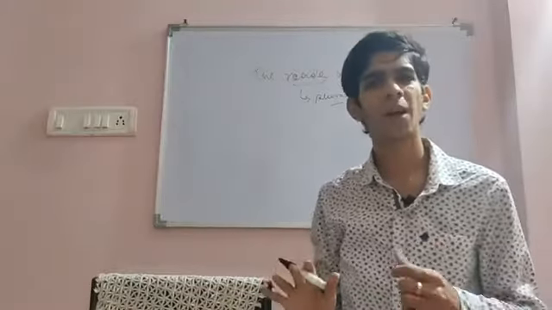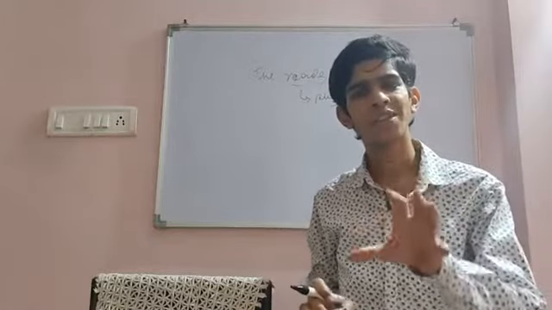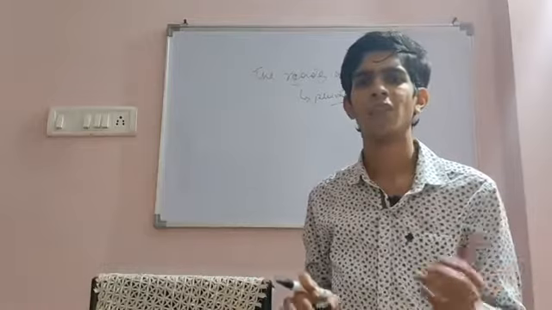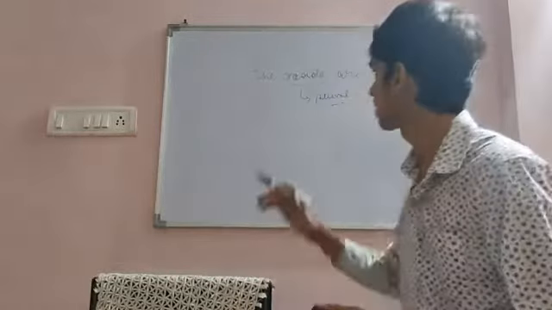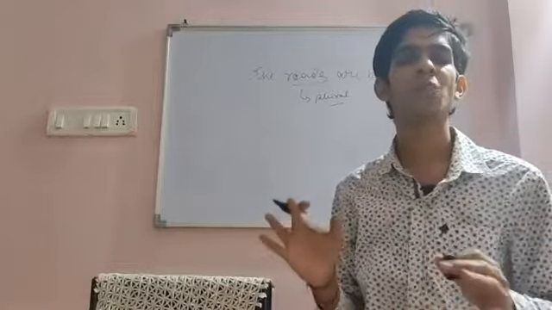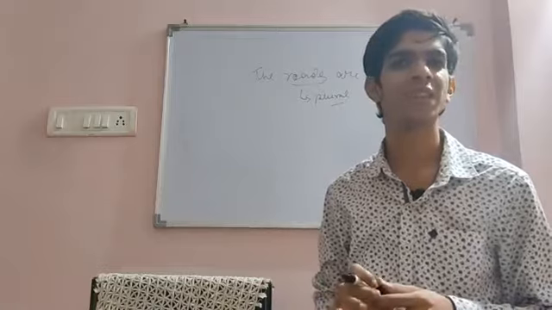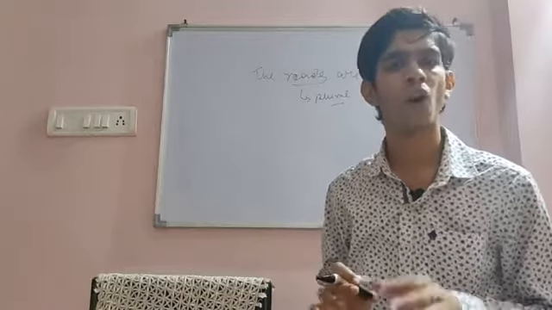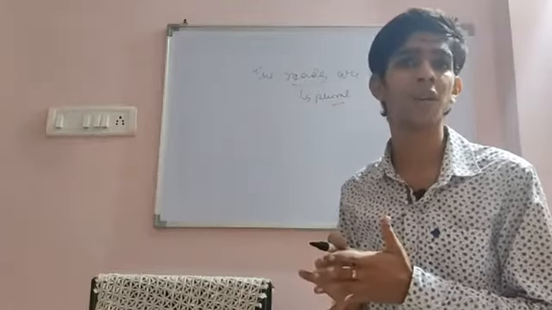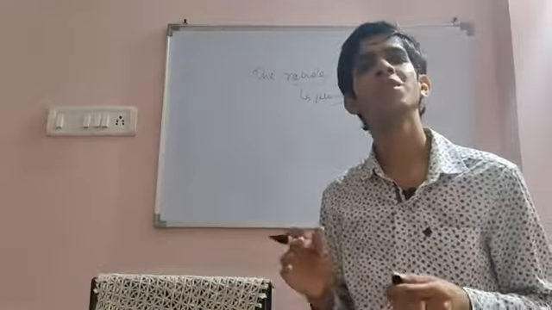Alright, so basically in subject-verb agreement the verb must agree with the subject. If the subject is singular and the verb is plural, it is going to be a mismatch, and this mismatch is not going to work, and the sentence is going to be wrong. The same if the subject is plural and the verb is singular.